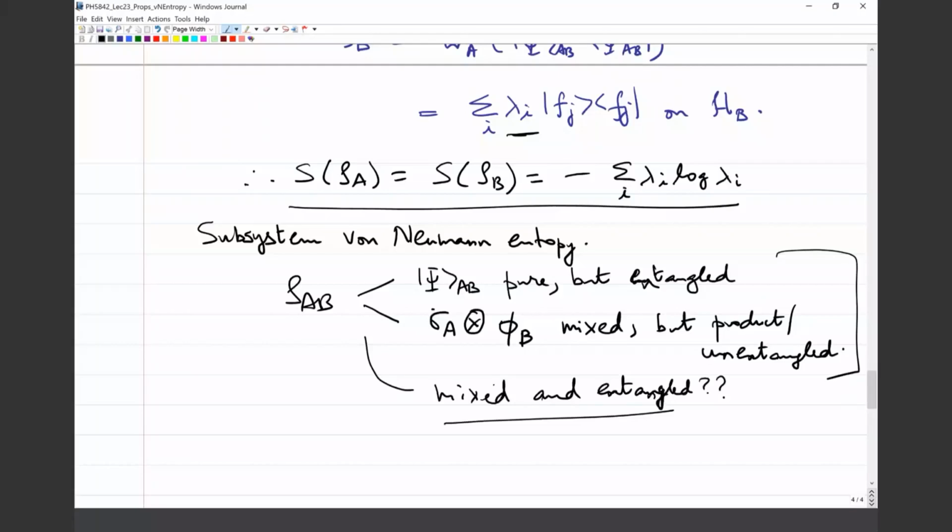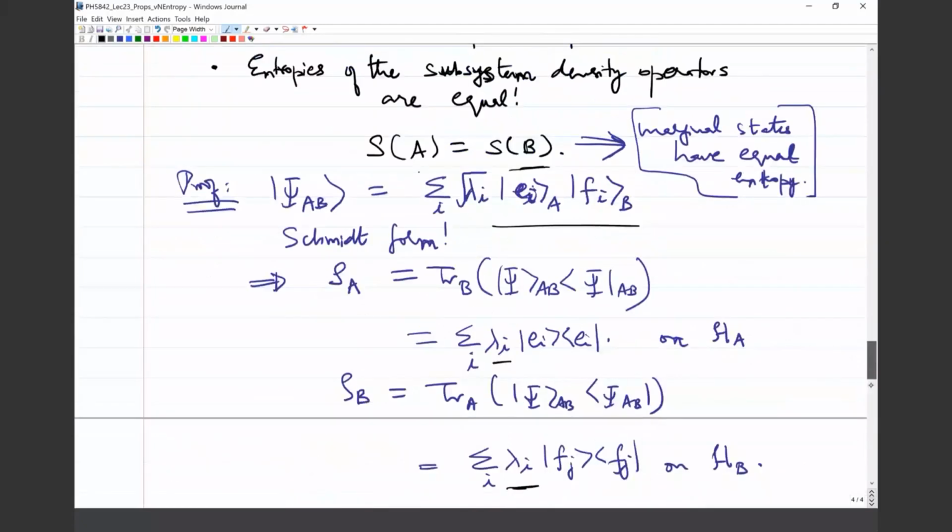But these are the two cases we've looked at, and in both cases we are trying to express the joint entropy in terms of the subsystem entropies, or trying to get to some property of the subsystem entropy. So this is what is called the subsystem von Neumann entropy, and at least in this case of bipartite pure states, it can be used as a measure of entanglement.